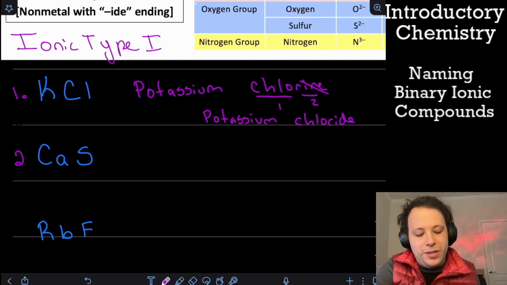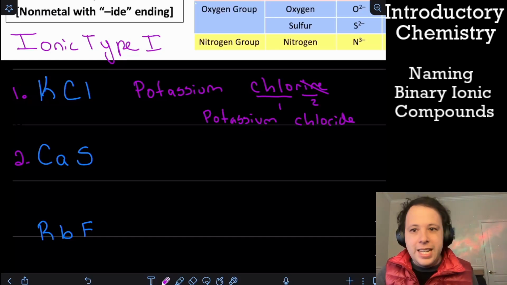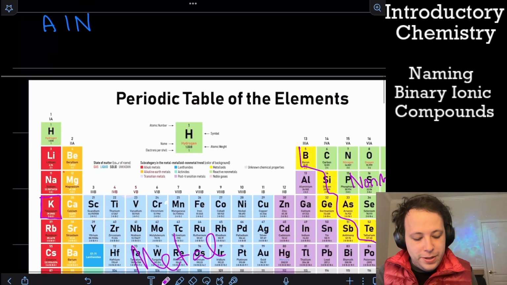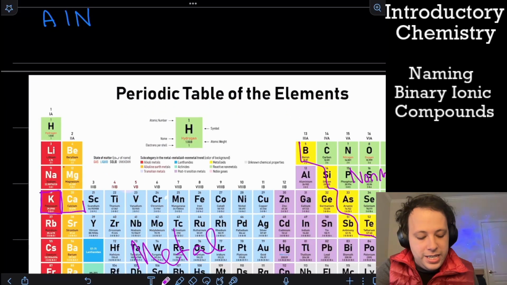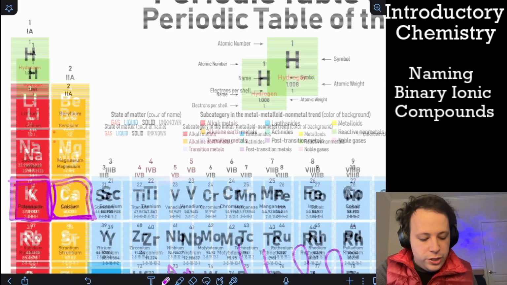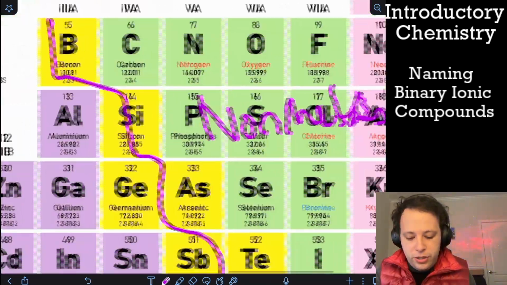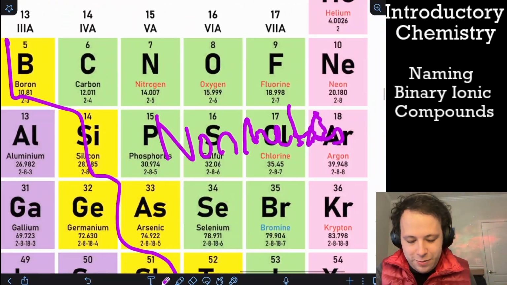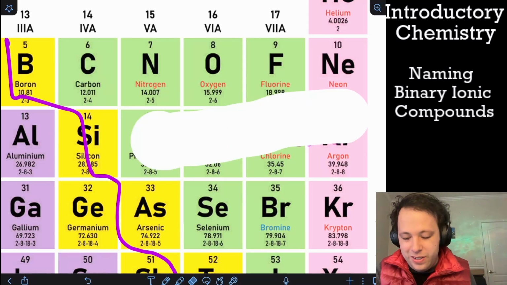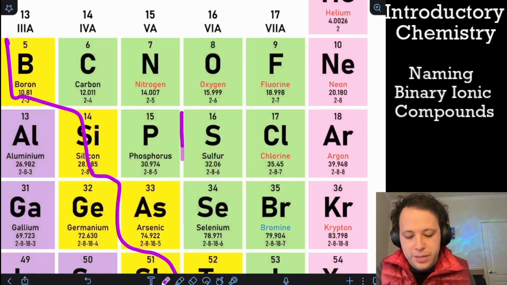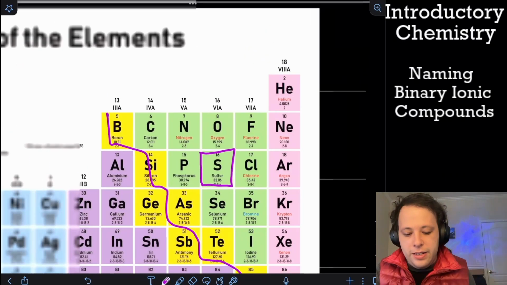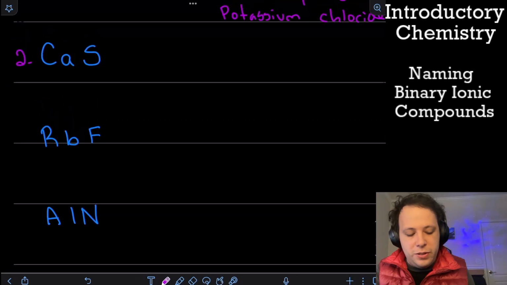If we go to the second one, I have Ca and S. Let's find the metal and the non-metal. Ca shows that it is calcium, and S, sulfur, is under my non-metal label. So it's going to be calcium and sulfur.